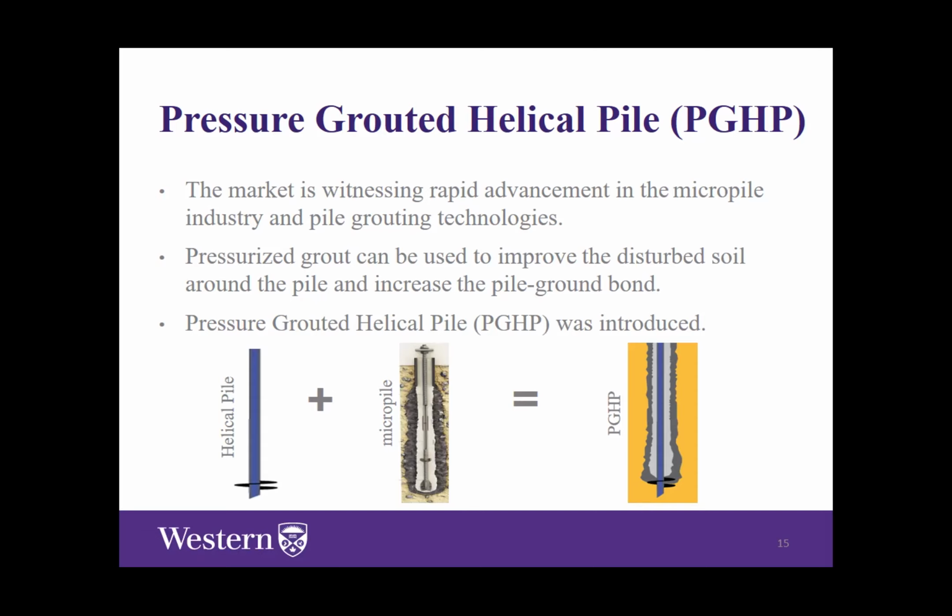So we thought, why don't we mix the helical pile advantage and the micropile advantage and provide the market with a super pile, which has high shaft resistance similar to the micropile and high bearing resistance similar to the helical pile.